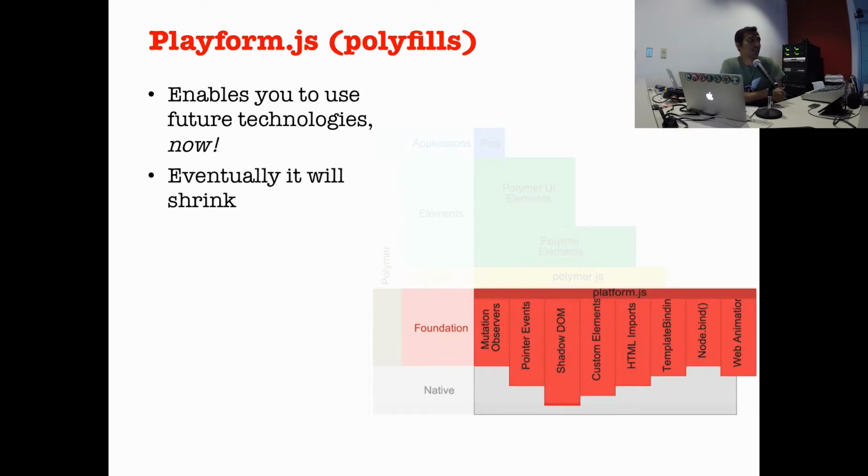Eventually, it will shrink as web browsers implement those specs. You should see this giant red bar shrinking below, and eventually it will go away when all the browsers have all the functionality. This is really cool because now I don't have to worry about when Chrome implements something or Firefox implements something. I can just import platform and it's just going to work, right?